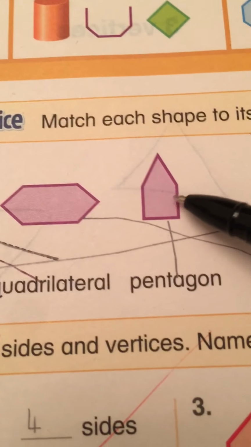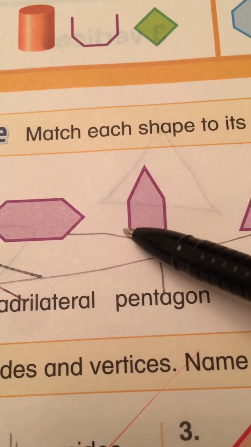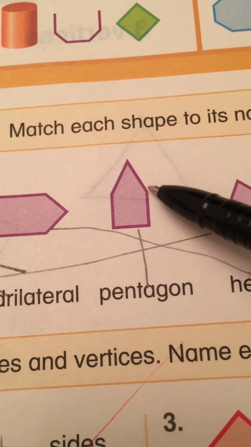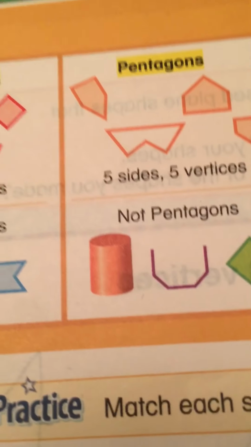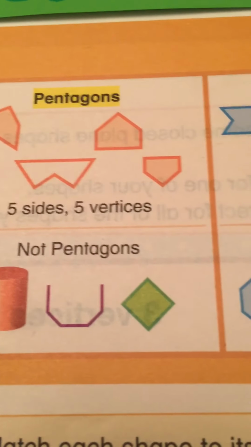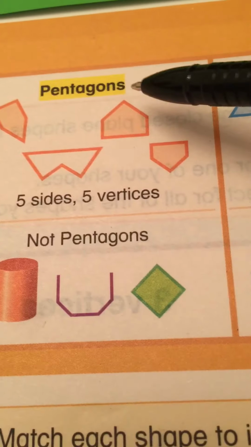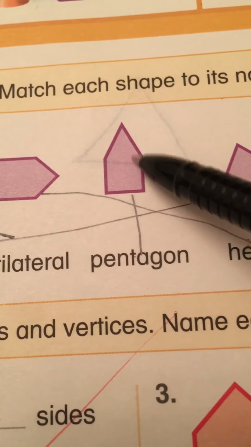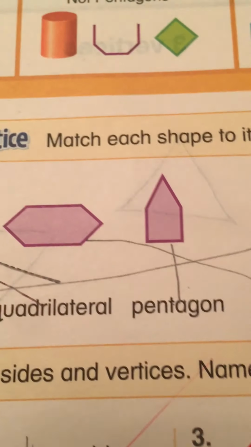And if you look at this one, it has 5 sides and 5 vertices. The one that has 5 sides and 5 vertices is called a pentagon. So we will connect this one with this one because this is the pentagon.